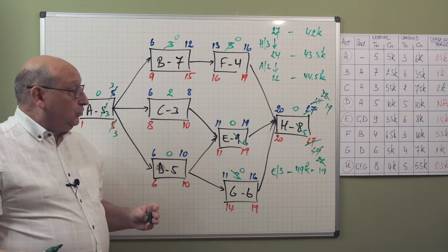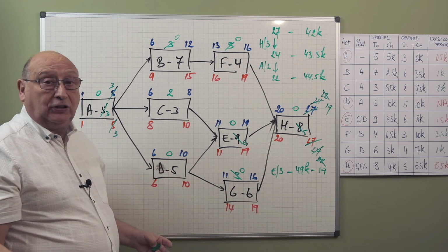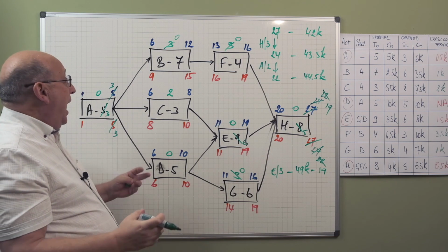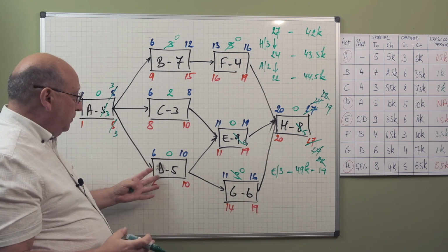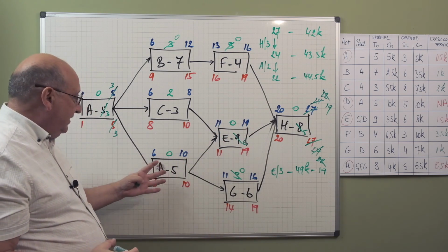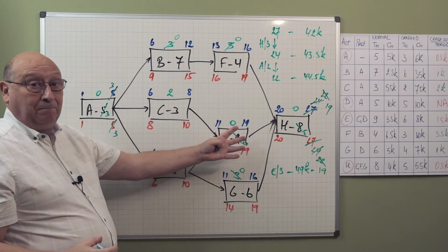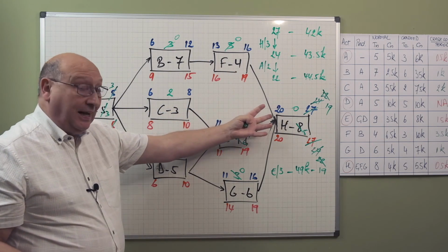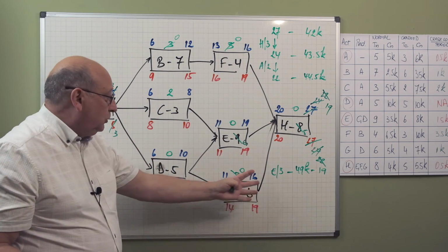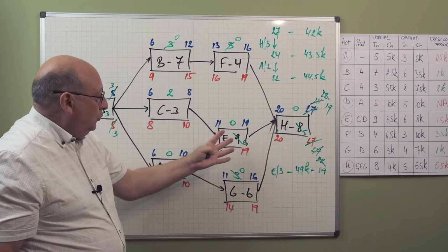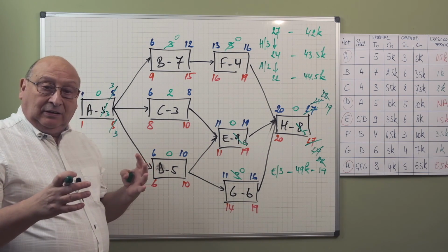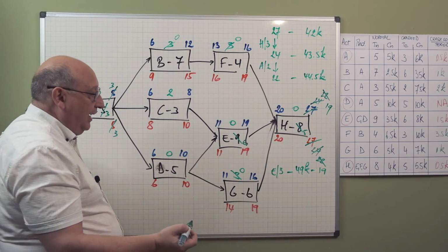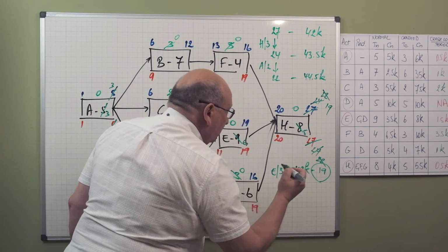And if we want to crash further, we have to crash all those critical paths at the same time. And we cannot do that anymore because we have no possibility to crash this path. We can crash this path, we can crash this path, but it won't bring anything. We arrive at the final duration, which is 19 periods.